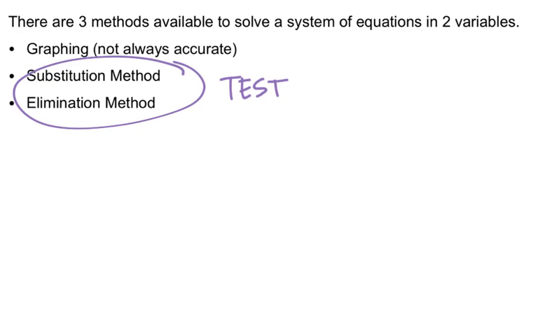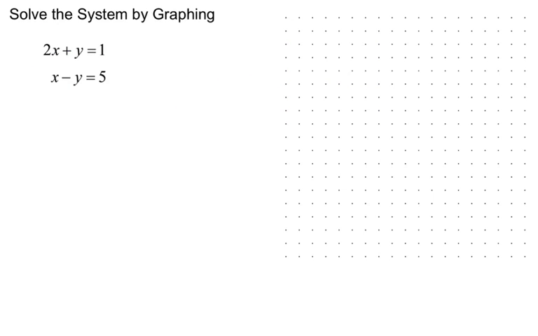So let's look at an example where we graph and find the solution for the system of equations in two variables. Here we have two linear equations written together. You may see them occasionally written with a curly brace to keep them together, but we want to understand that we want to find the common point or the common solution, an ordered pair, an x, y ordered pair that works in both of these equations at the same time.